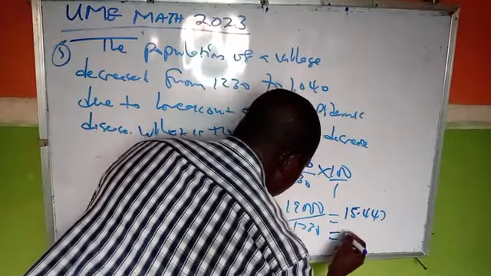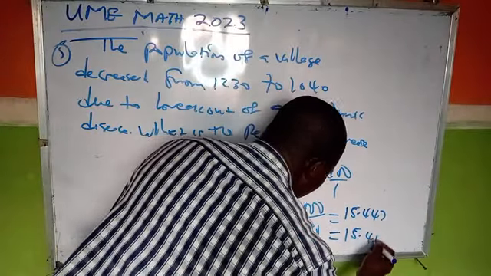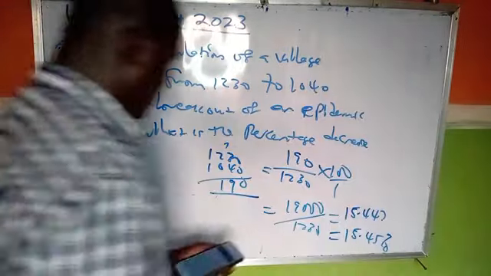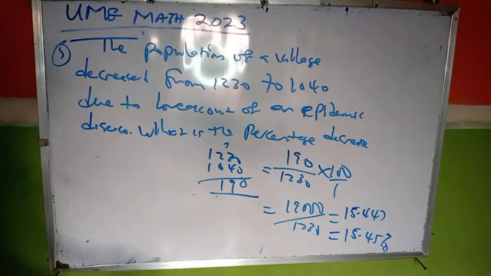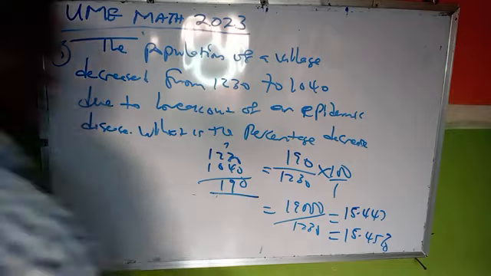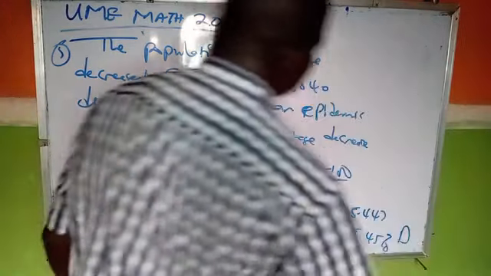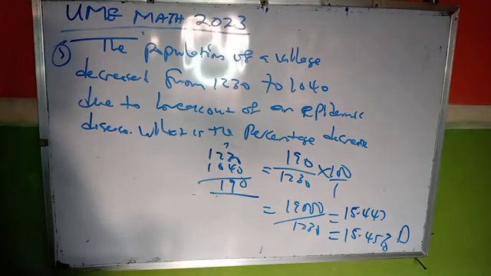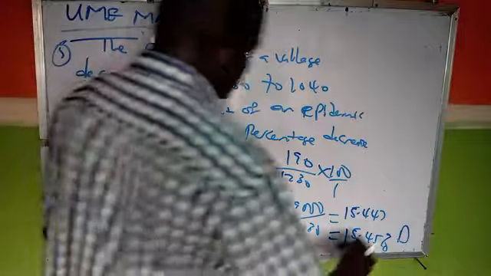So if you approximate it, you can have 15.45%. So that's it. The answer there is D. So that is it. That's percentage decrease.